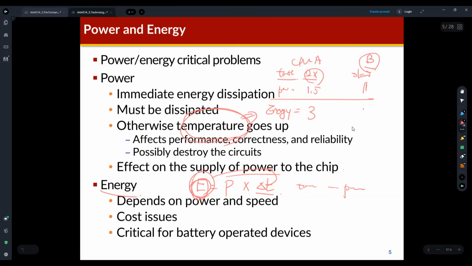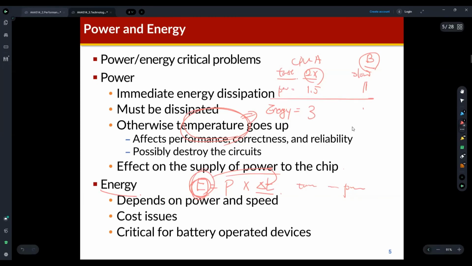The execution time of CPU A is 0.5, and the execution time of CPU B is 1. Then the energy for CPU A is 1.5 multiplied by 0.5, which is about 0.75, right? And how about CPU B? It's 1.